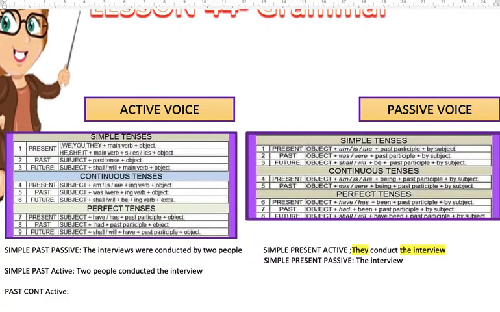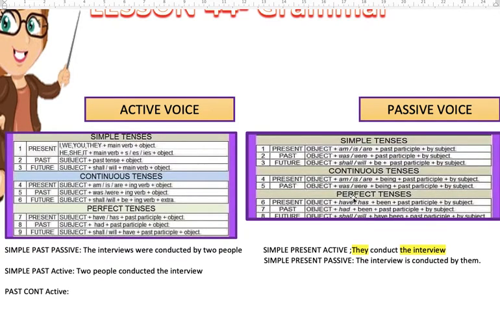So the verb to be that we can use is "is". Participle for conduct is conducted, by them. The pronoun they, when it becomes an object of the verb, it will be "them". So that's it. This is simple present active and this one is simple present passive.